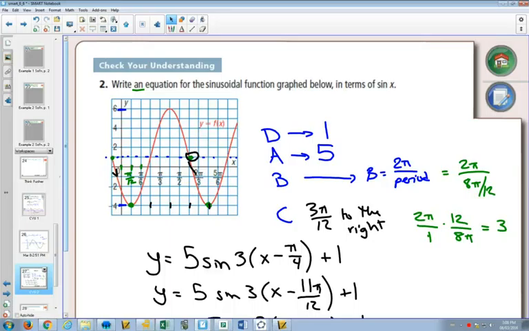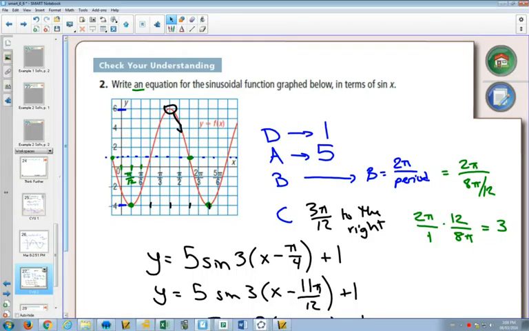Because sine and cos graphs look the same, it's just where you decide where their starting point is. So the d, the a, and the b will be exactly the same for sine or cos. But if this question said, determine it in terms of cos, well, where does cos start? Cos starts at a maximum. So we could find our first maximum point right up there.